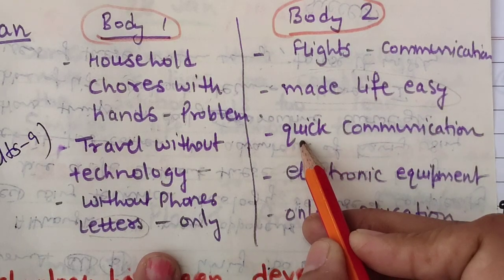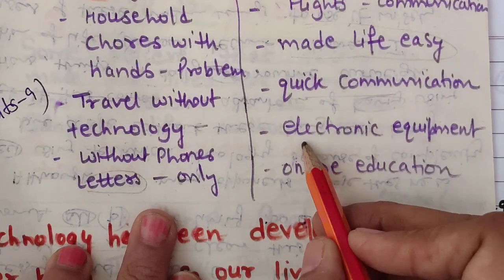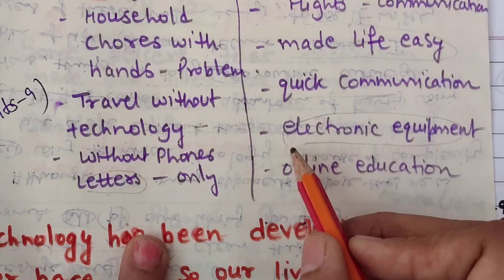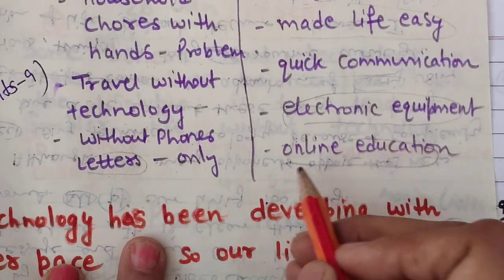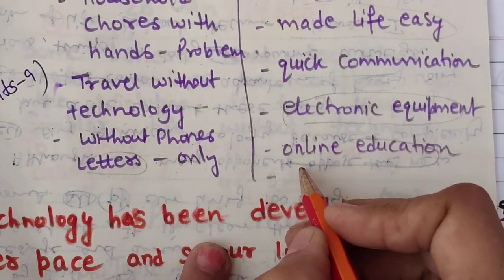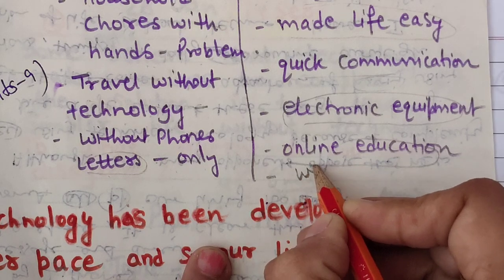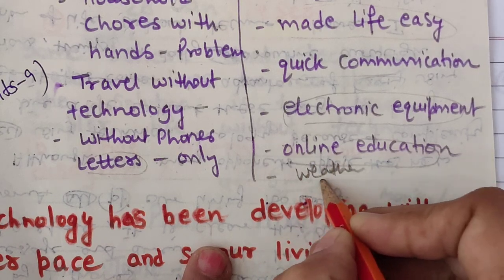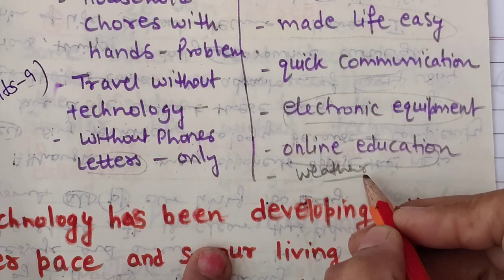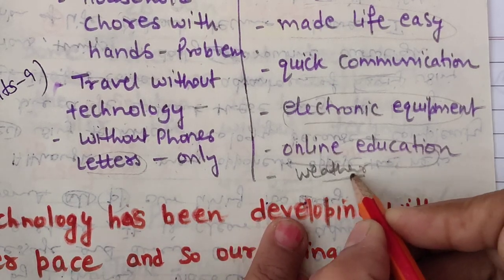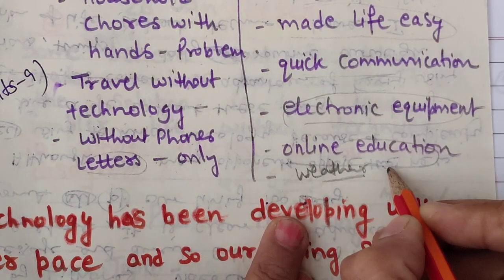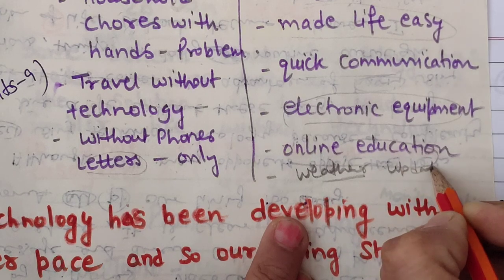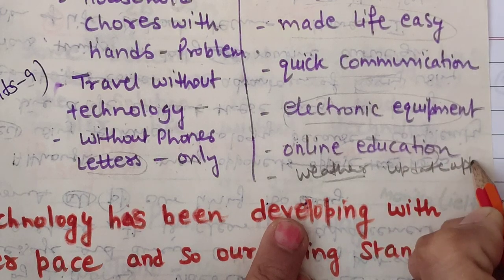Another point is quick communication, electronic equipment in the kitchen, and online education. And one more thing I have written in my essay is weather forecasting, because it has made a farmer's life easy. I have just talked about weather updates or the app I have used.